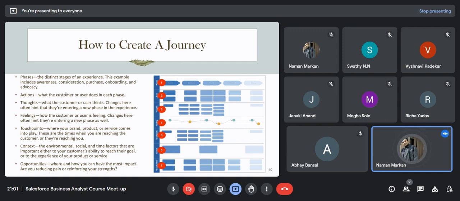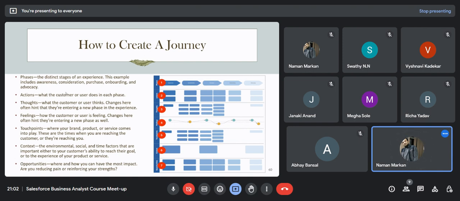So changes are here in order to give them certain basic experiences based on our product. We have to ensure that they have a full understanding of the product, and they do not get into a negative thought process. And then we will look into the feeling, like whether the customer is feeling happy or engaged enough in the process, and ensuring that this is to be done in order to make them happy.